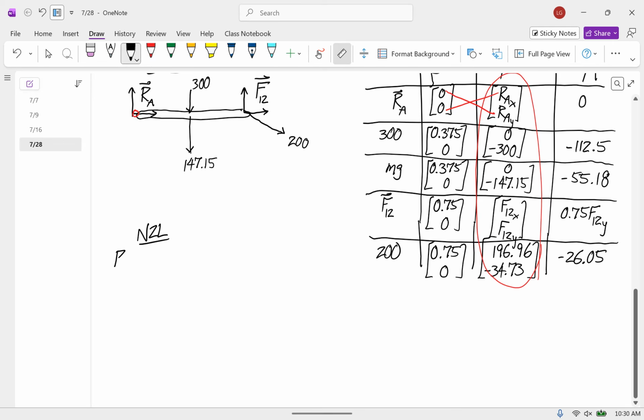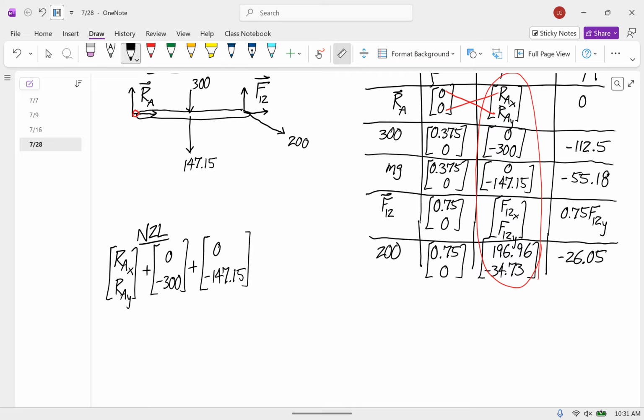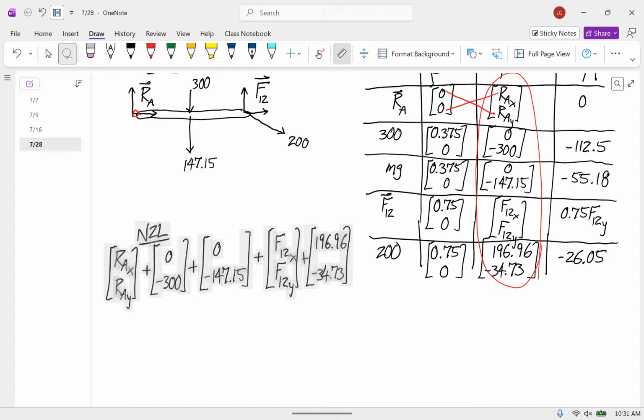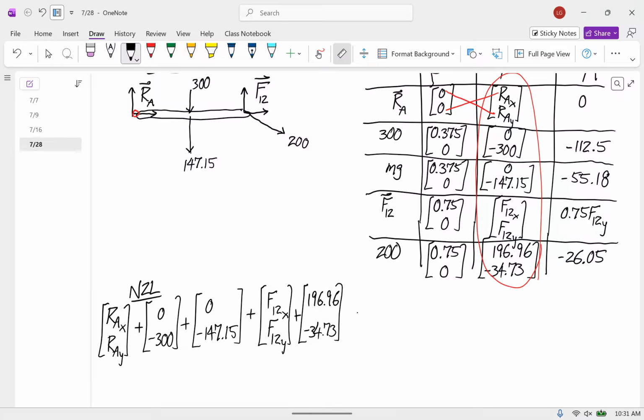So we have RAX, RAY plus 0, negative 300, plus 0, negative 147.15, plus F12X, F12Y, plus 196.96, negative 34.73, those all add up to be 0. So those are our first two equations.